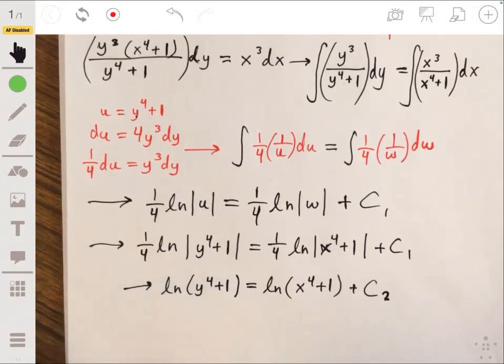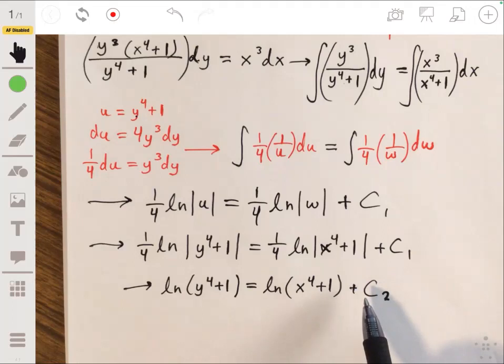Now, what we can do is combine these if you want, or use natural log, but it's really not something you have to worry too much about.